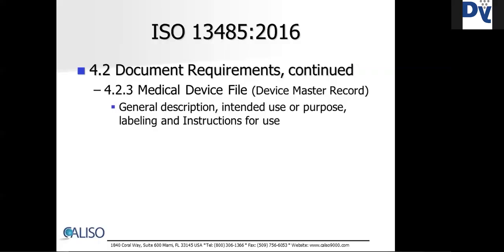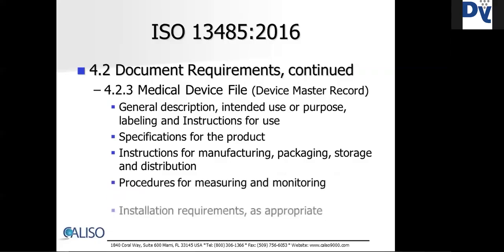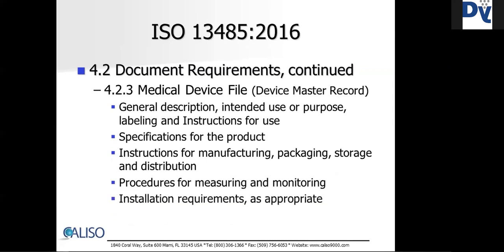There shall be a general description, intended use or purpose, labeling and instructions for use, specifications for the product, instructions for manufacturing, packaging, storage, and distribution, procedures for measuring and monitoring, installation requirements, and servicing requirements as appropriate.